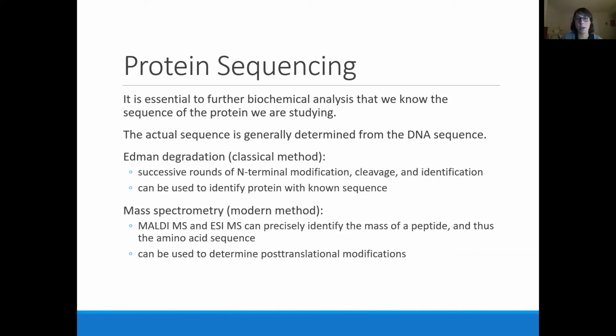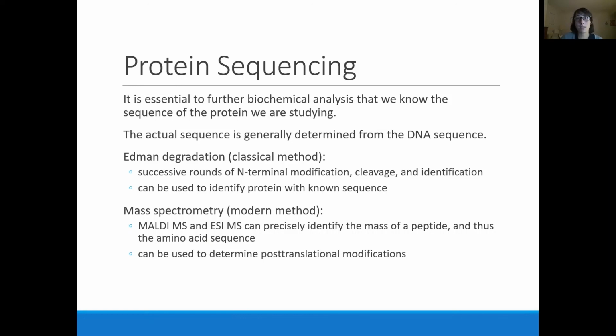Lastly, we're going to talk about how we figure out the sequence of these proteins. This is essential in general for biochemical activity. If you look up any protein on the PDB, the Protein Data Bank, you will see its amino acid sequence. Generally, we determine the sequence of amino acids in a protein from its DNA sequence.